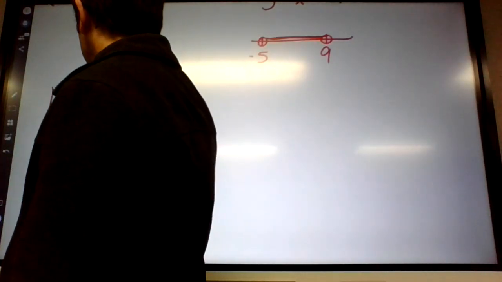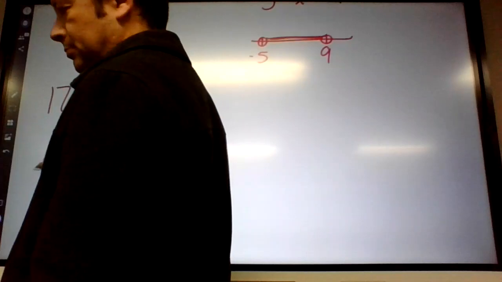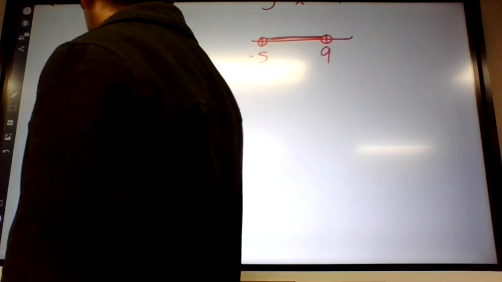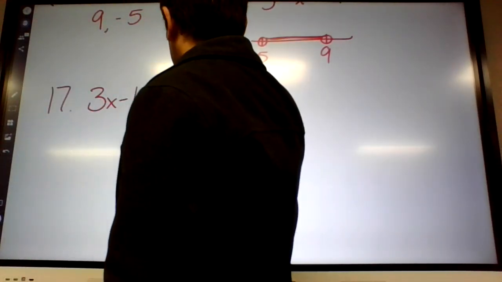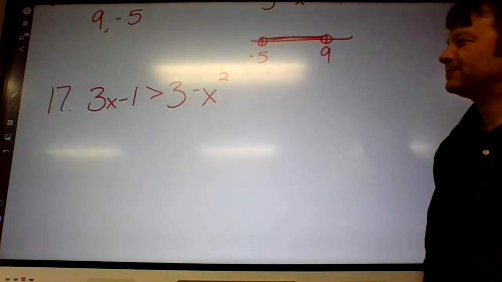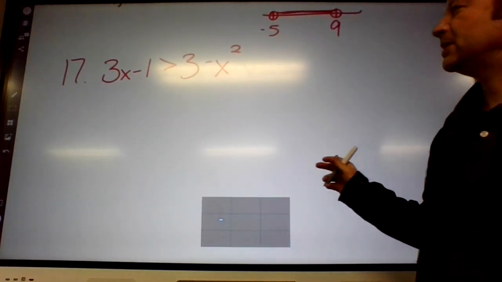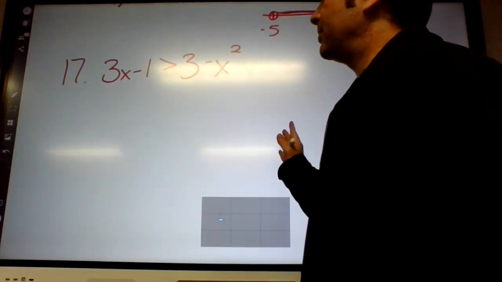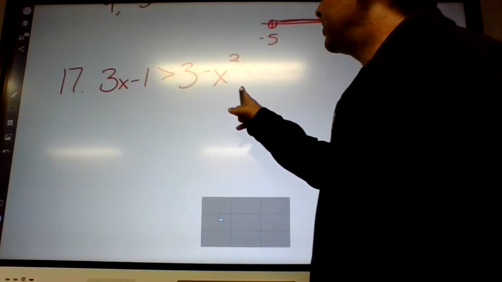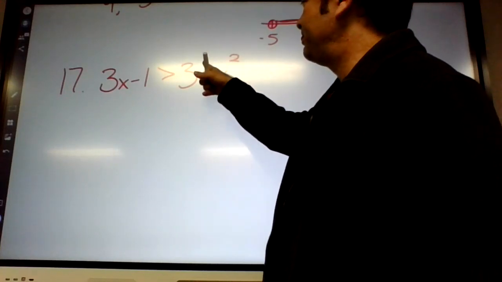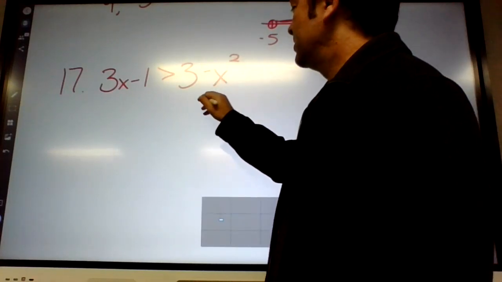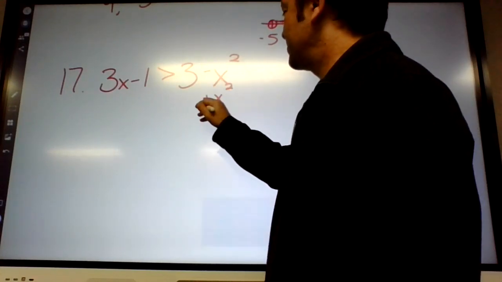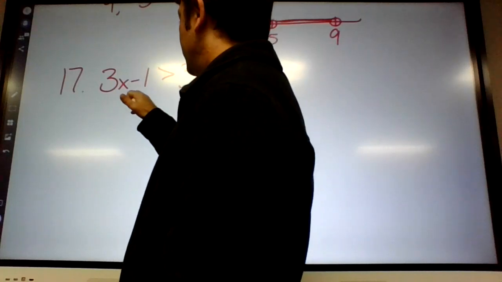Okay, it's getting messier. Of course it is. Now what should we do? You gotta get the x's to one side. Which side should we try to get everything on? The left side, because x squared is negative over here. So probably the easiest way to fix that is to add it.